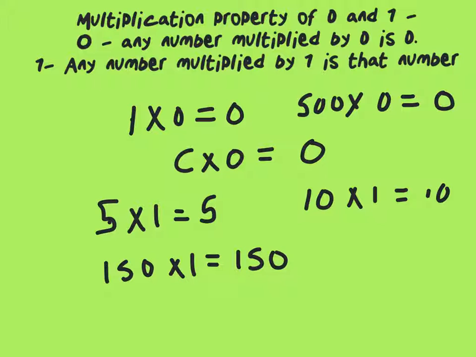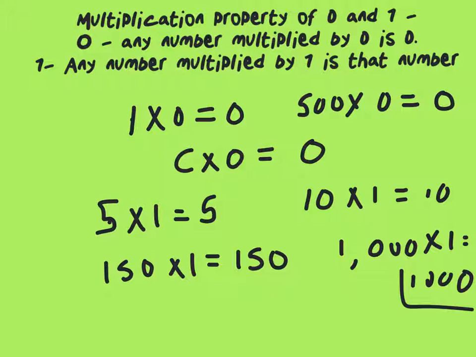Okay? It can go on and on. It doesn't matter what number it is. 1,000 times 1 is, hopefully you said 1,000. Okay? So that property is pretty easy to understand, and we're going to be using that in our homework.